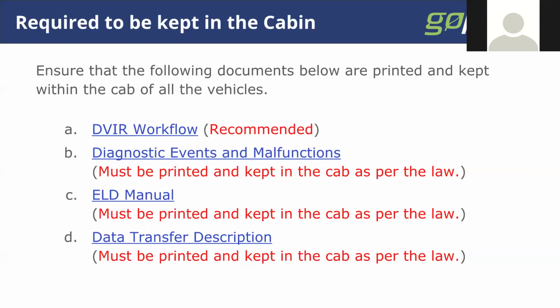A driver should be able to present and produce those documents when asked. Failing to produce those documents is going to result in a citation. So please make sure that those documents are printed out, they're left in the vehicle, and the drivers are aware where those documents are being stored so they can produce them at any point of time.